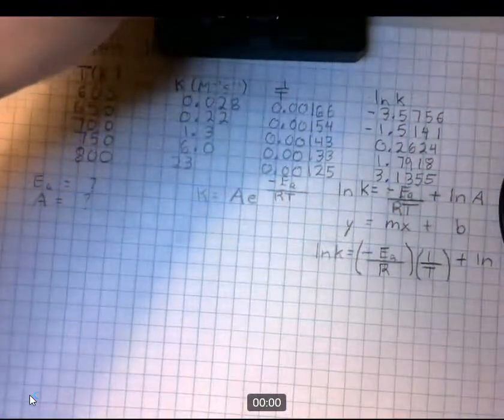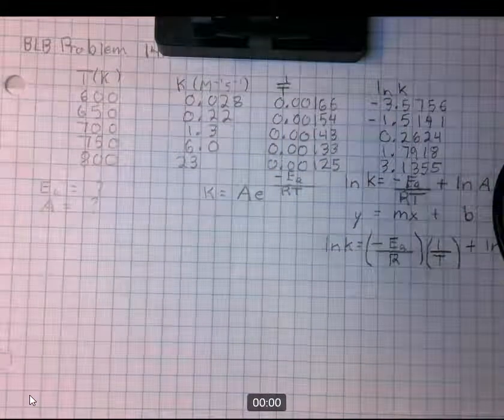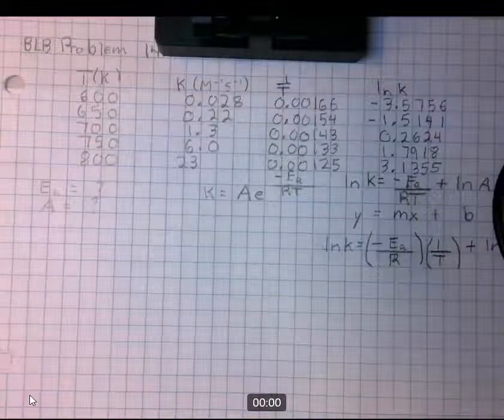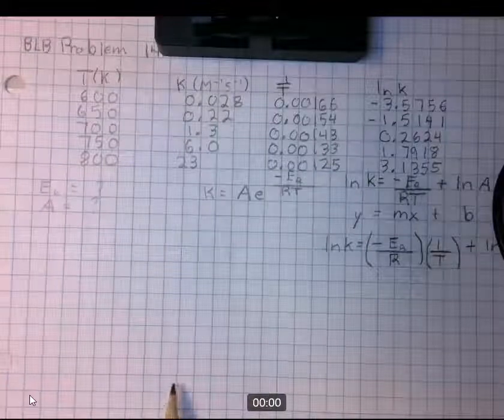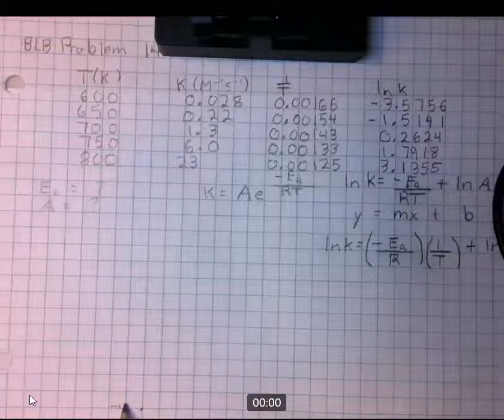And you want to scale it. You're not trying to save paper here, so you want to scale it so it's reasonably sized so you can see where everything is. So, since I have to go from negative 3.5 to positive 3.1, I'm going to start down here, and I'm going to call this point right here negative 4.